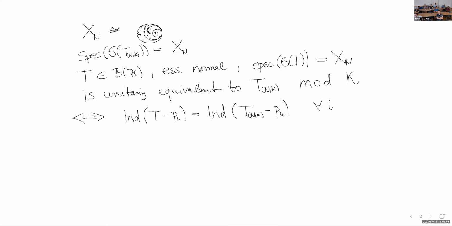So the first observation from the last lecture was that I can implement an isomorphism by using a unitary operator. Okay. So I can reformulate my problem in terms of extensions that are strongly unitarily equivalent.